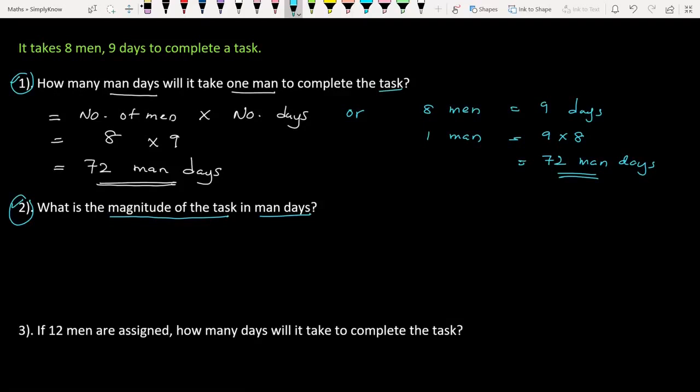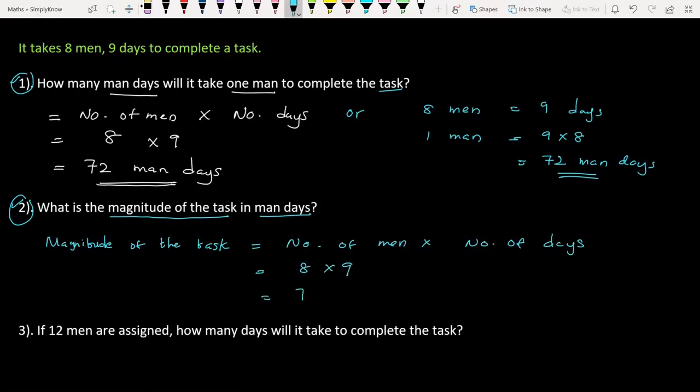So again, your answer is 72 man days. So you can write an equation, magnitude of the task equals number of men times number of days. Again, 8 times 9, it's 72 man days.